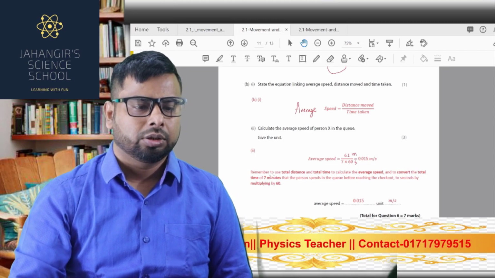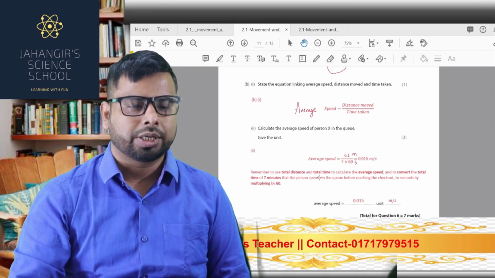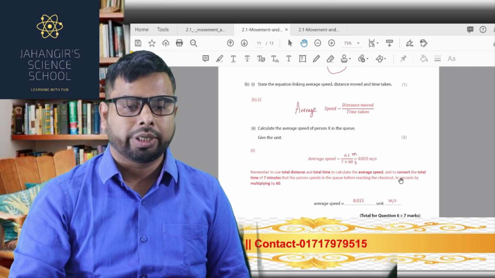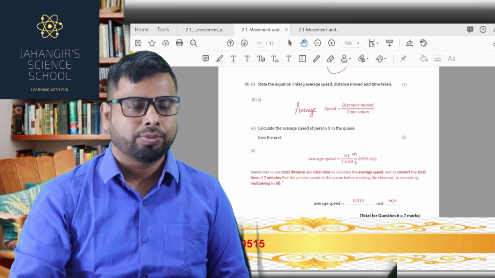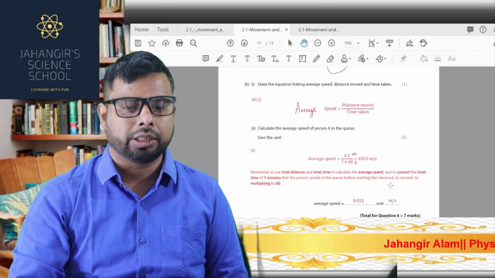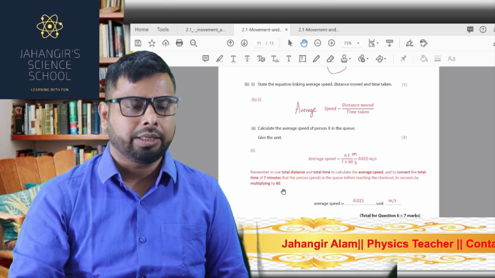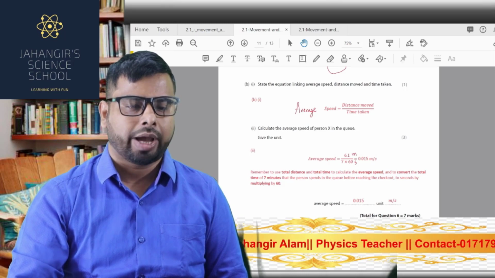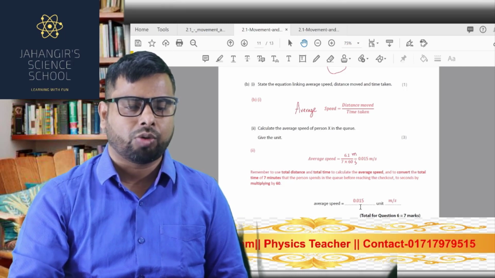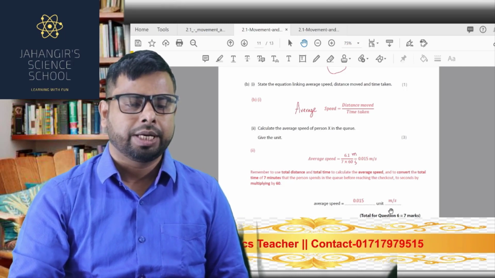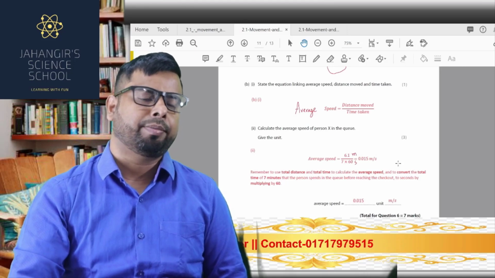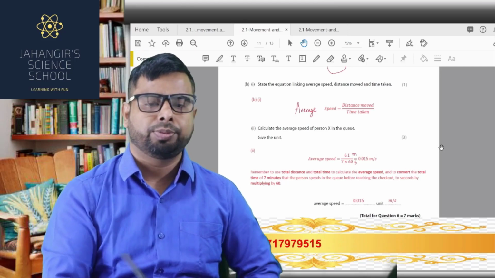Remember to use total distance and total time to calculate the average speed, and convert the total time of 7 minutes that the person spent in the kiwi before reaching the checkout to seconds by multiplying by 60. So average speed equals 0.015 meter per second. Remember, the unit of speed is meter per second.